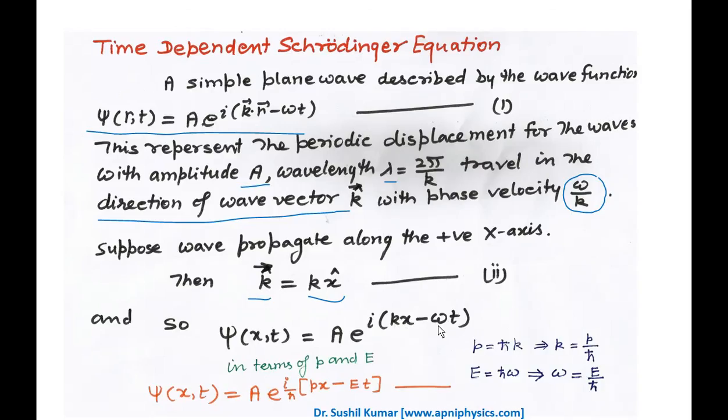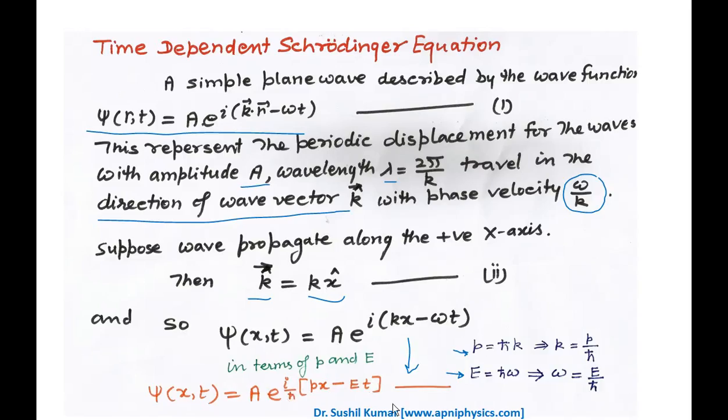Now what I am doing here, I am just converting this k and omega in terms of the momentum and energy this way. So the second form of this plane wave equation is: psi(x,t) is equal to A exponential term iota upon h cross (px minus Et).